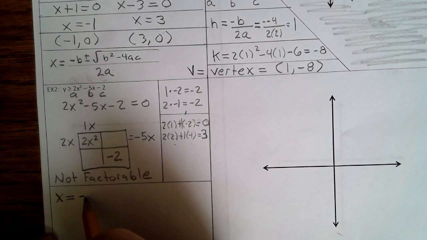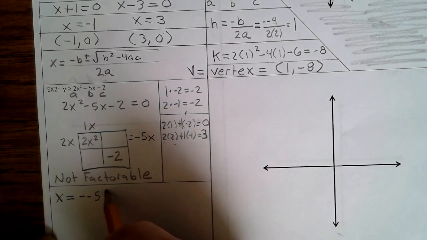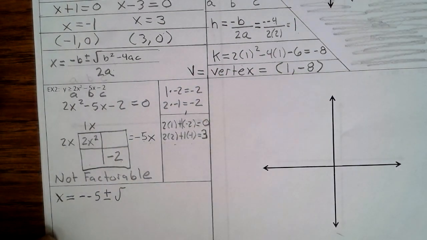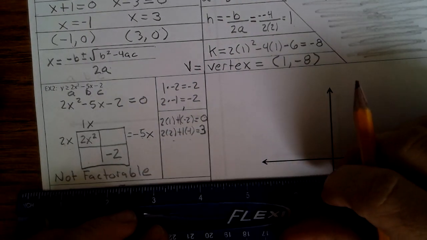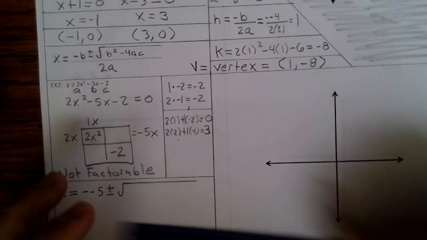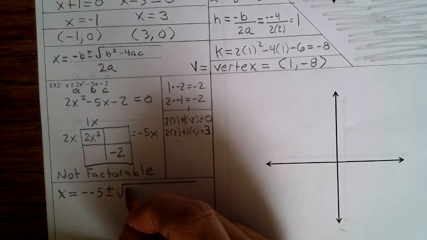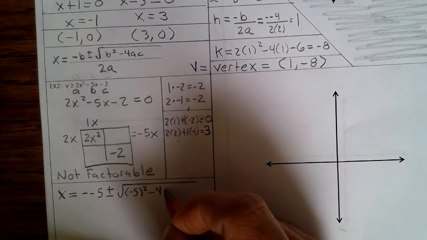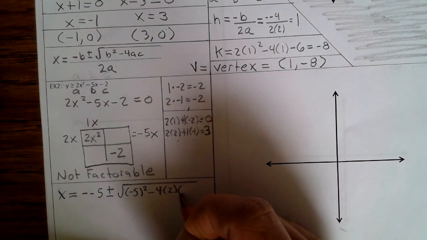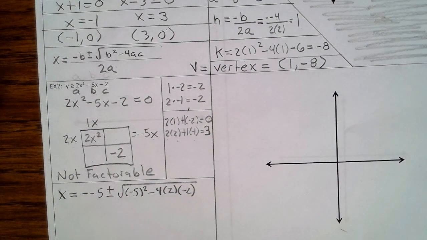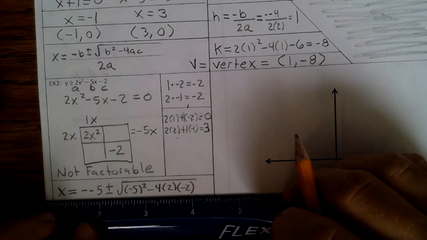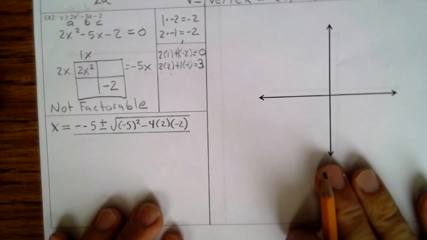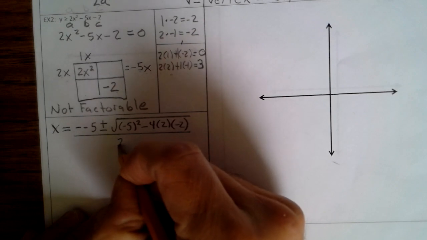So that's negative 5 plus or minus the square root of negative 5 squared minus 4 times the a value is 2 times the c value is negative 2, divided by 2 times 2.